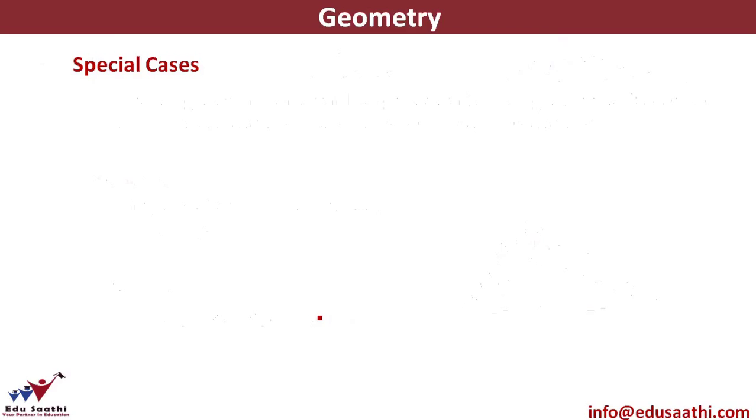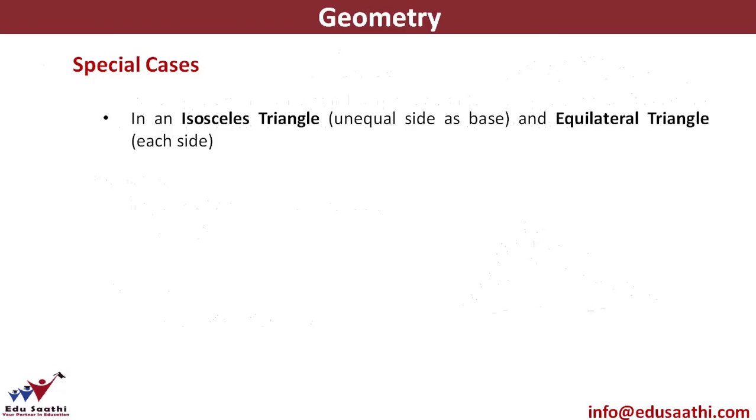Let's look at some of the special cases that we have. In case of an isosceles triangle, two sides are equal. I will take the unequal side as the base. So if I take this isosceles triangle, this side and this side I am assuming to be equal, and an equilateral triangle, all the three sides are equal.